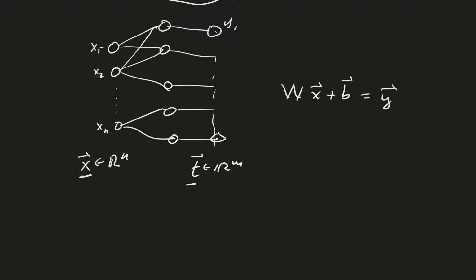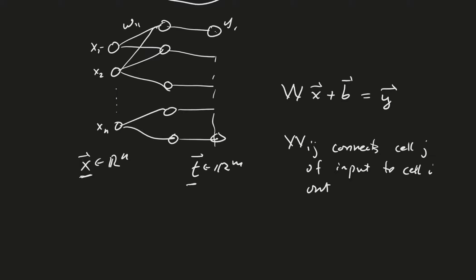This is going to be our model output. And what are the w's? The w's are the weights attached to each edge here. And what we were saying last time was wij connects cell j of the input to cell i of the output.